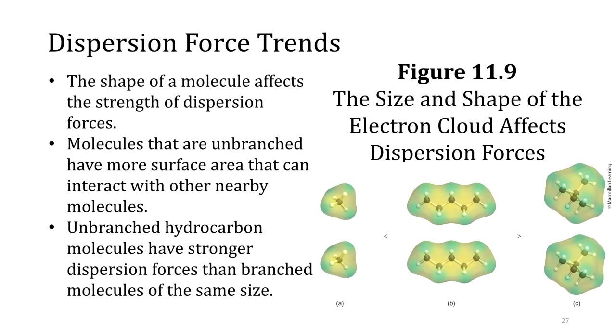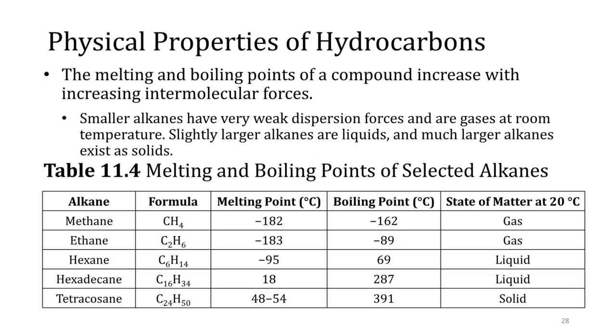So molecules that are kind of unbranched or flat or elongated tend to have a larger dispersion force because there's more surface area by which molecules can contact one another. So unbranched hydrocarbons have stronger dispersion forces than branched molecules of the same molar mass. But then molecules that have larger molar mass have larger dispersion forces.